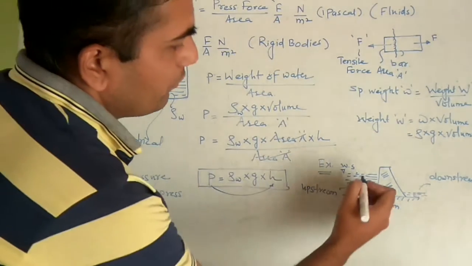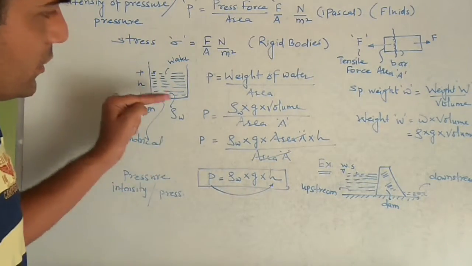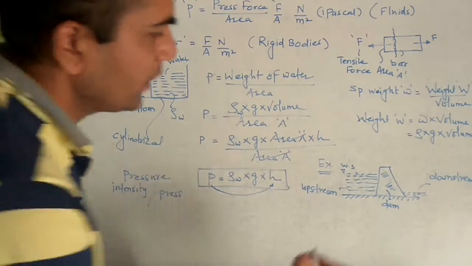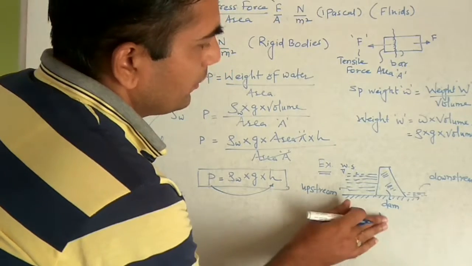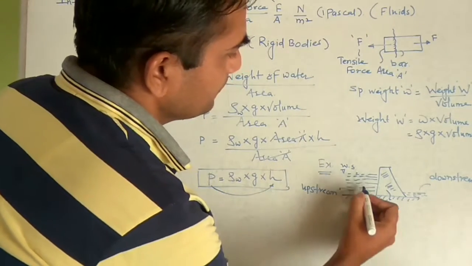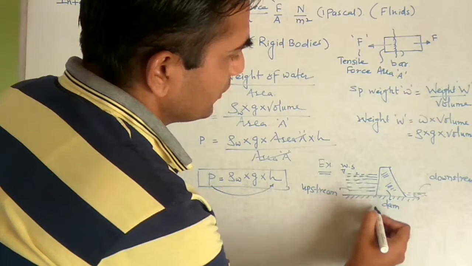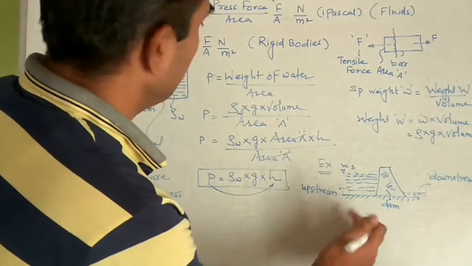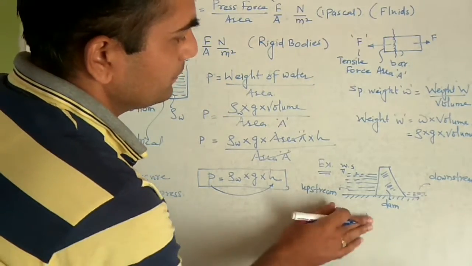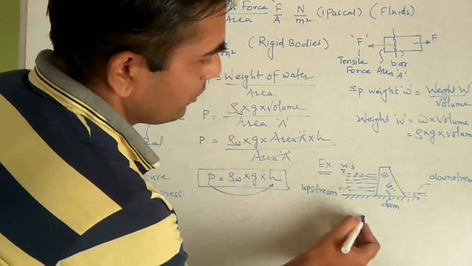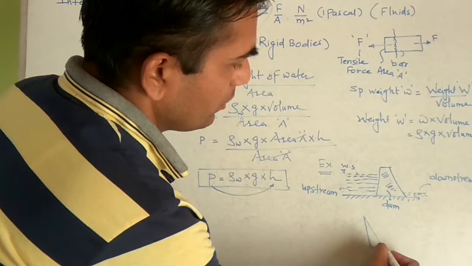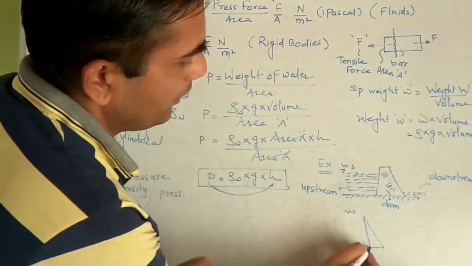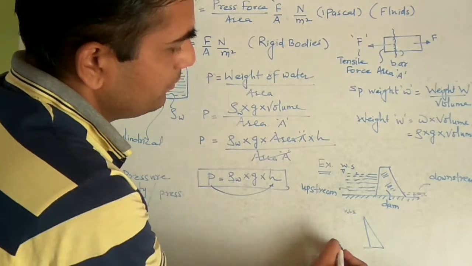So how the pressure intensity varies from water surface to the bottom level. If we see the diagram that goes like this, if we take the cross section, so I'm going to draw the diagram here only. So simply this is the water surface and this one is the bottom.